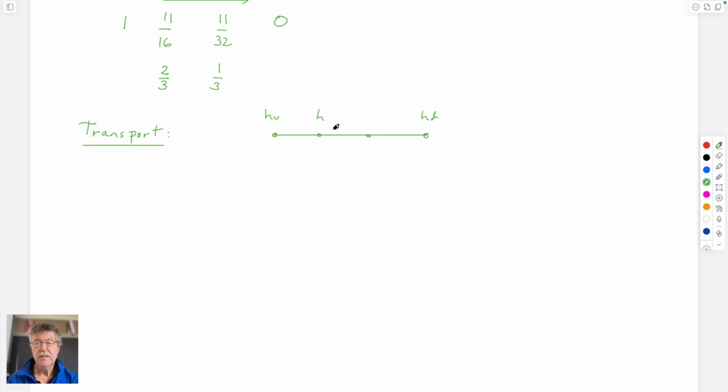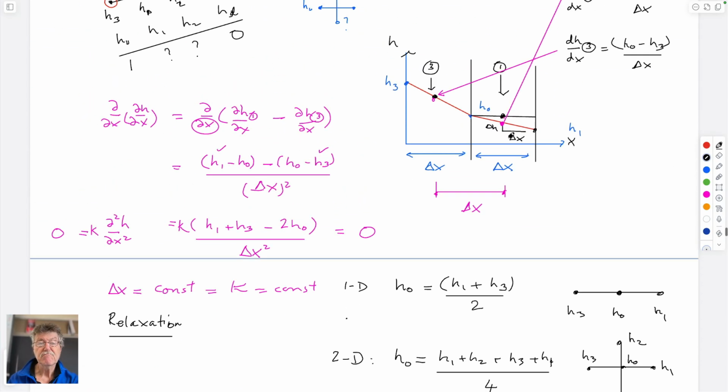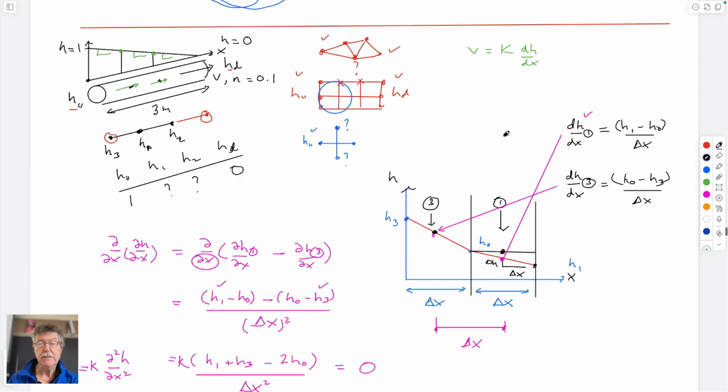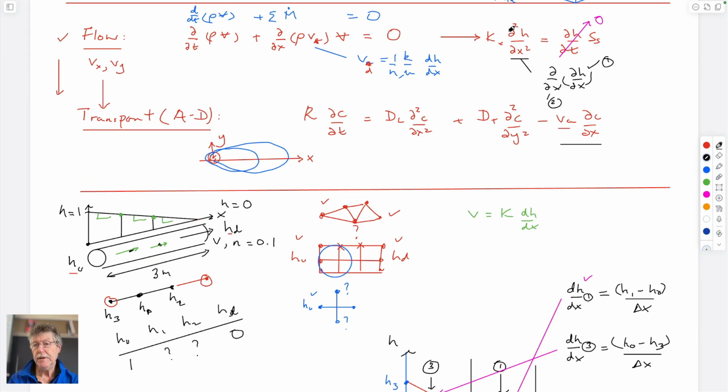Or actually, not really heads, but node 1 and node 2. And so now, for transport, we need to know, as part of our equation, the easiest thing for us to do is to realize that this is an important part, which is now not a second-order PDE, but a first-order PDE.